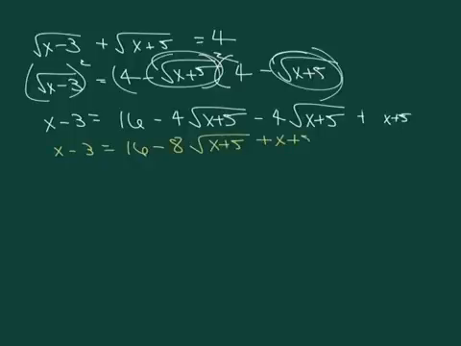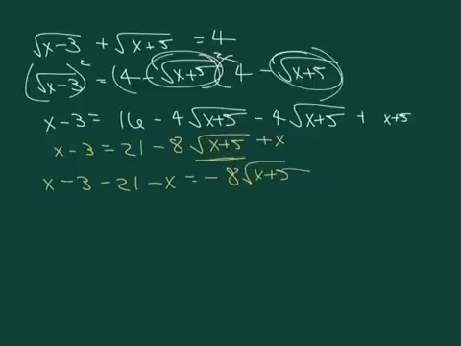Now we're going to isolate this radical, because we've got to get it by itself. So we've got 16 and 5, which is actually 21. So I'm going to change my 16 to a 21, since I added the 5 to it. And then I'm just going to move everything over here except the radical. So I've got x minus 3 minus 21 minus x equals negative 8 square root of x plus 5.